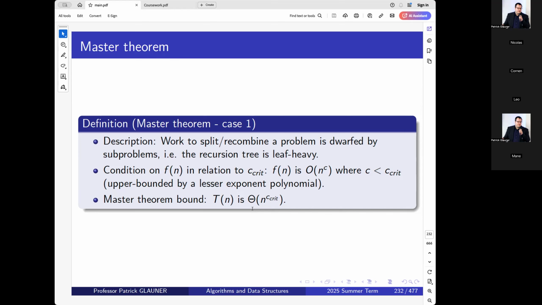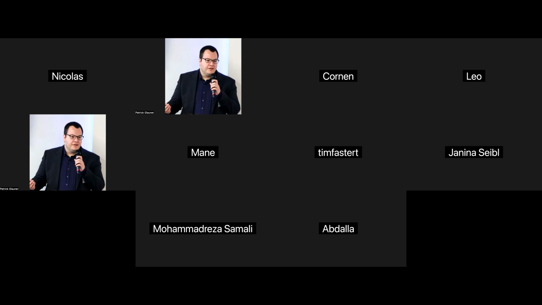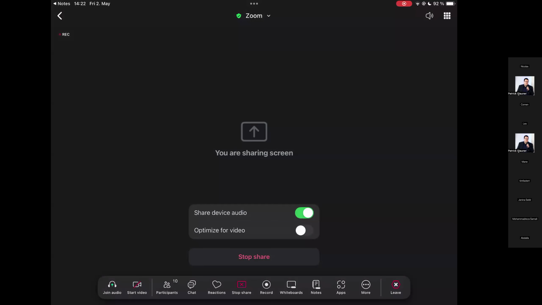If this holds true, then in case one, we can say T of n is theta of n to the power of c critical. I know this looks very theoretical, so the best thing is we look at an example and apply the master theorem together now to a recurrence relation. And then you will see the beauty of the master theorem that will help us massively.